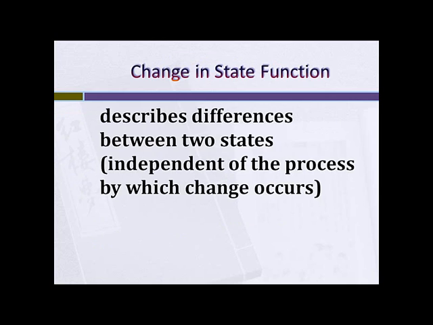When you're moving from one state to another, you simply look at the difference between the two states, and the process or the path or the way you got there doesn't matter. The distance from your home to school does not change whether you go one way or another way. It doesn't matter. The distance is always the same. Those are, in a sense, state functions.